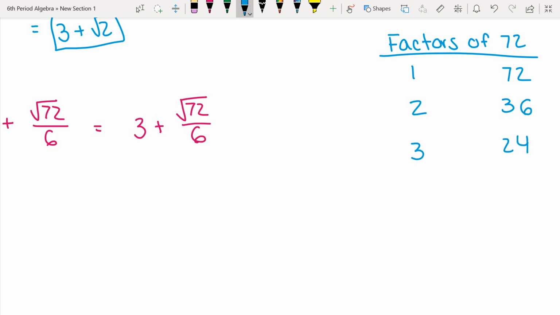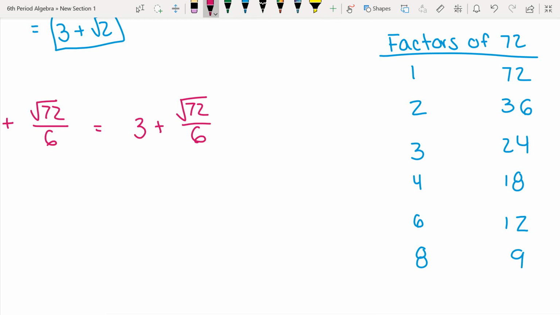It can also be divided by 4, which is 18. It cannot be divided by 5, but it can be divided by 6. I'm going to keep on going. It cannot be divided by 7, but it can be divided by 8, which is 9. And that is actually it. So those are all the pairs of 72.